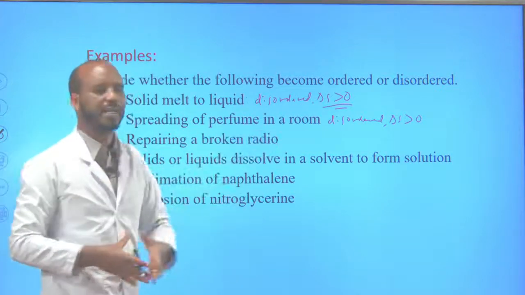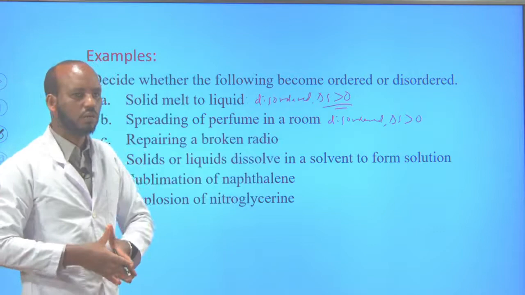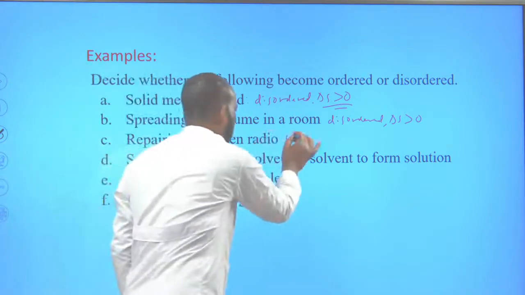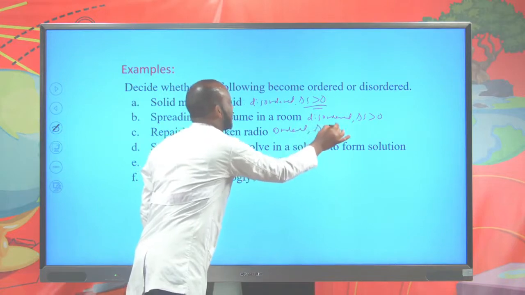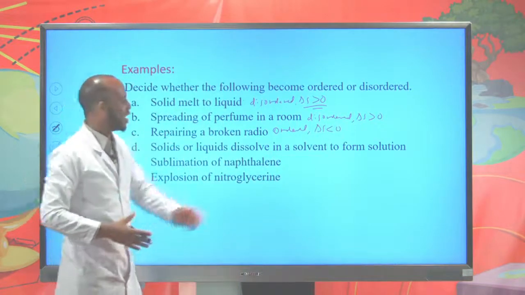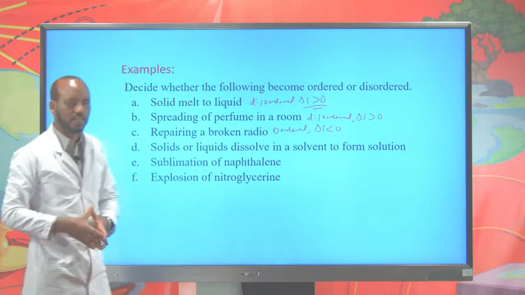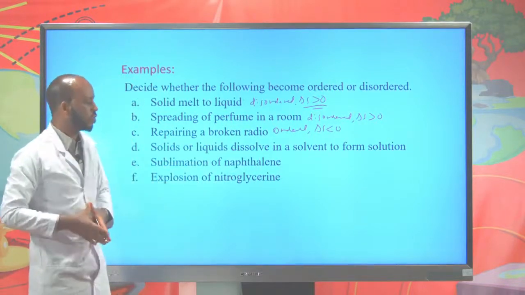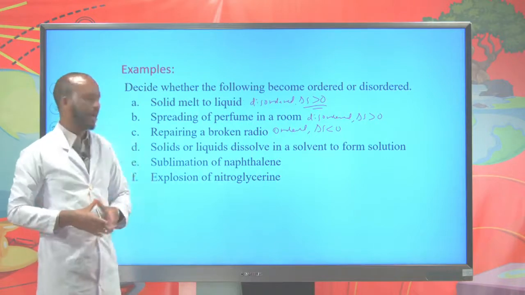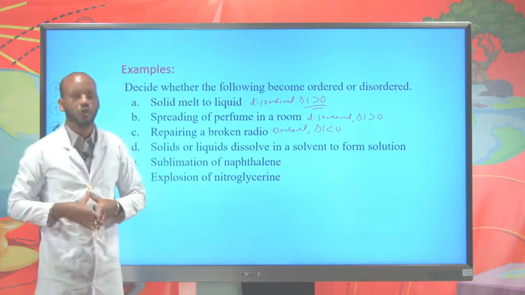C. Repairing a broken radio. Now this is ordered. Change in entropy, delta S, is less than 0. The sign of delta S is negative. D. Solids or liquids dissolve in a solvent to form a solution. Again, this process is disordered.